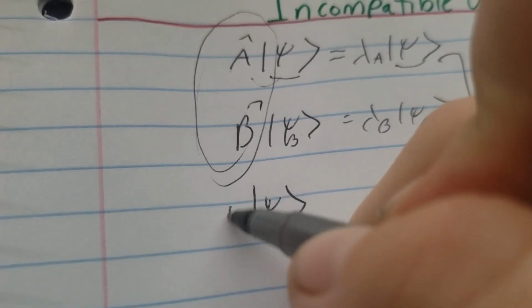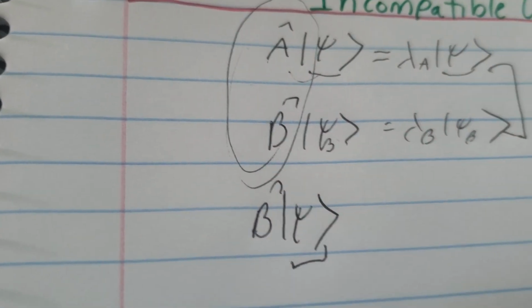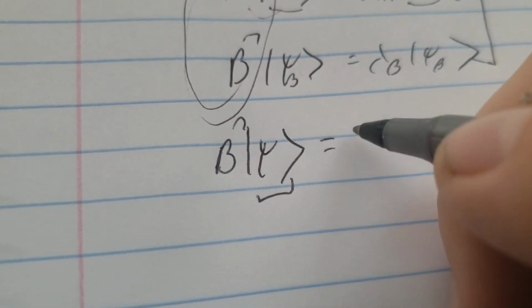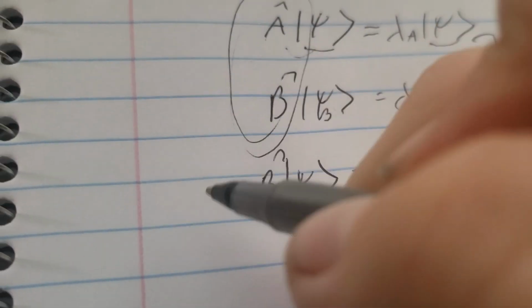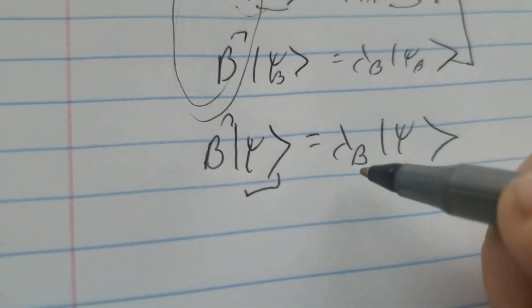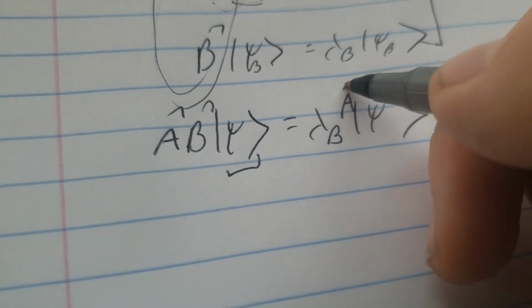So let's write B hat acting on psi. This is the hypothetical eigenstate of both A hat and B hat, and it's going to be equal to lambda sub B times psi. Now, lambda sub B is a constant, so now let's act A hat on that. Hey, that rhymed.